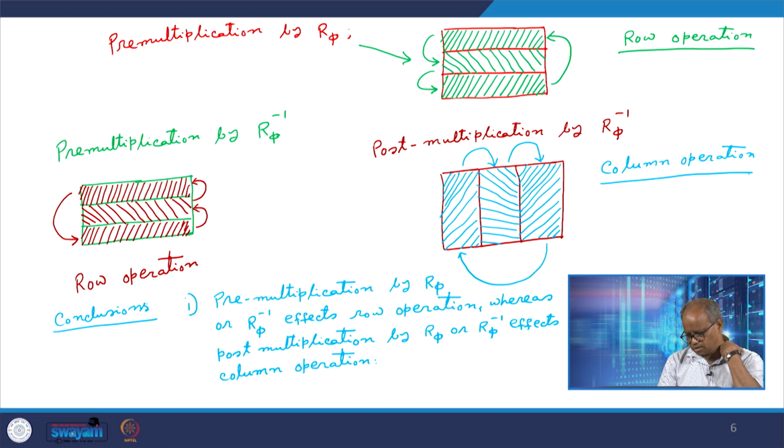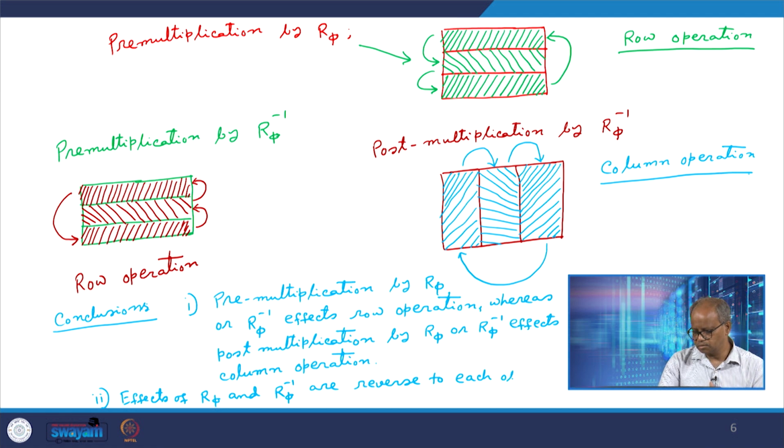And the second is also equally important, that the effects of R phi and R phi inverse are reverse to each other.